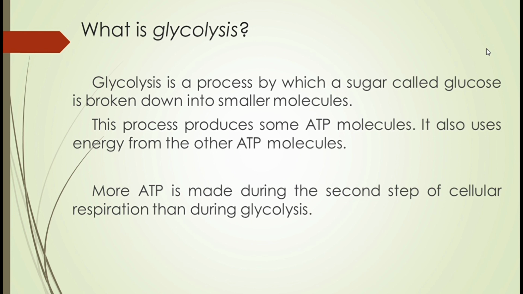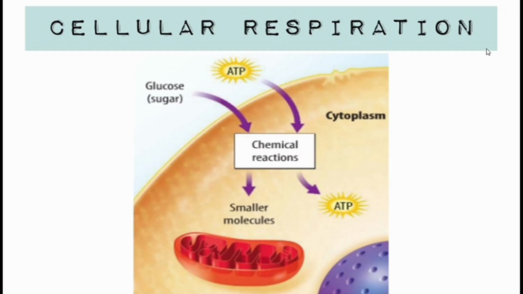More ATP is made during the second step of cellular respiration than during glycolysis. So, mas kakaunting ATP ang na-produce dito sa glycolysis. According to the diagram, ito po yung cellular respiration and ito po yung glycolysis.